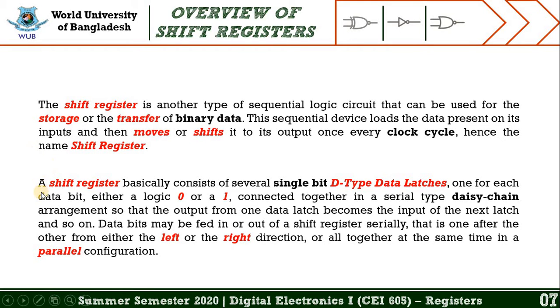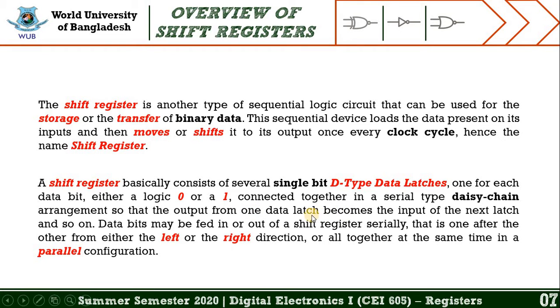A shift register basically consists of several single bit D type data latches, one for each data bit, either a logic 0 or 1, connected together in a serial type daisy chain arrangement so that the output from one data latch becomes the input of the next latch, and so on.